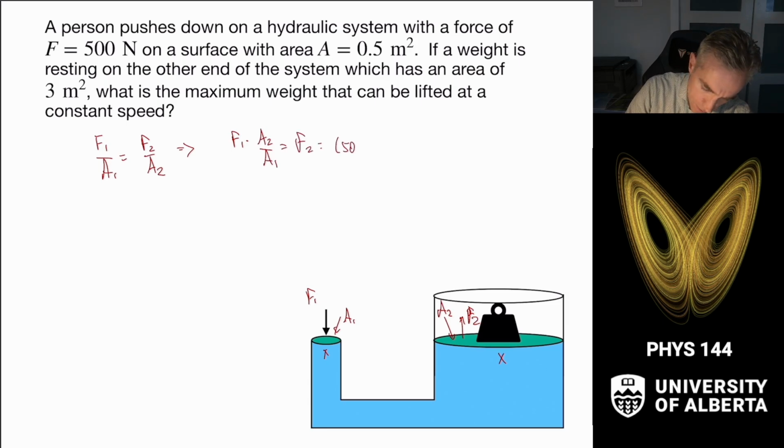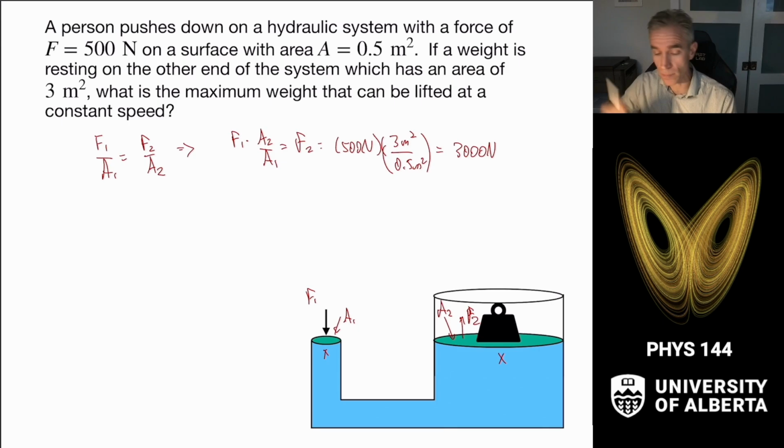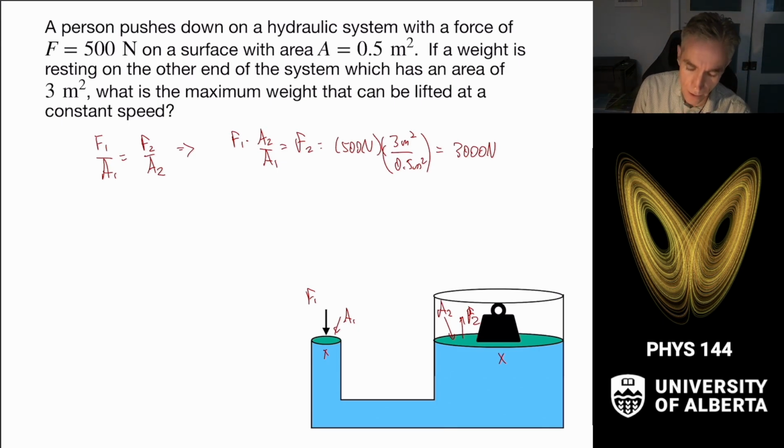So this is 500 newtons times the ratio of the areas, which is A2, 3 meters squared over 0.5 meters squared, and that's going to give us 3,000 newtons. So we get a mechanical advantage. Push down with 500 newtons, get a push up of the ratio of the areas, so 3,000 newtons pushing up.